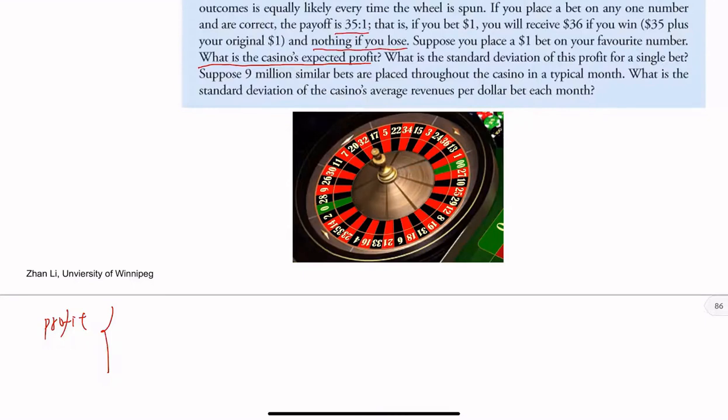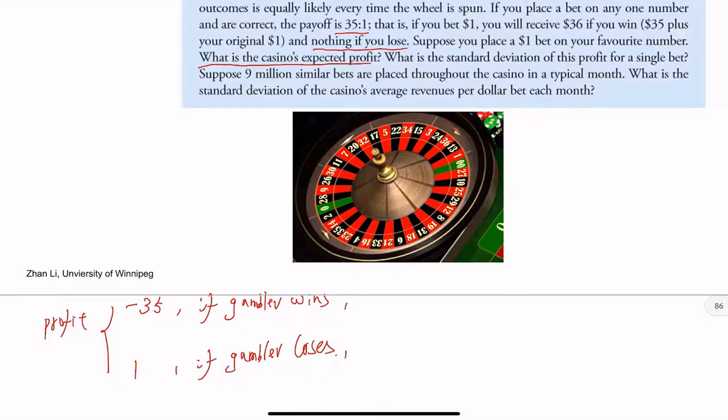So in this case, you can see that the firm's profit is minus 35 if the gambler wins, and its profit is positive $1 if the gambler loses, right?